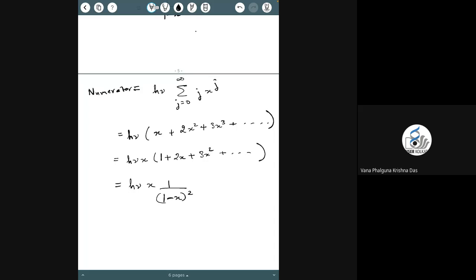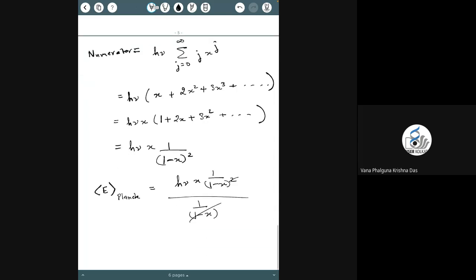So now we are in a position to write down the average energy per mole as predicted by Planck. We put the numerator and the denominator. This is equal to h nu x by 1 minus x.